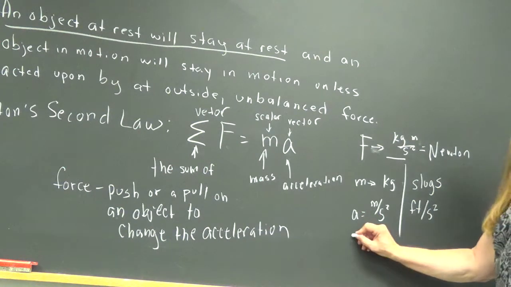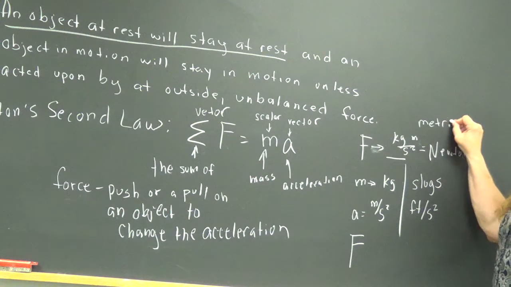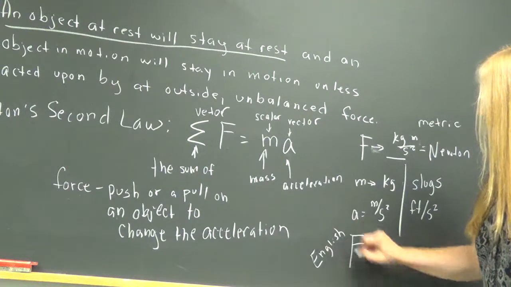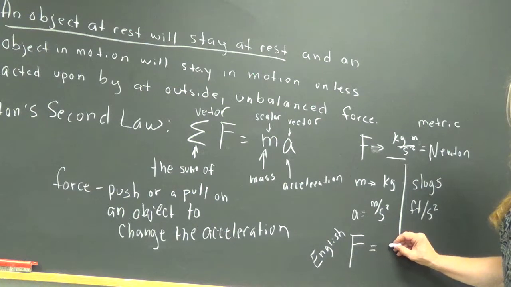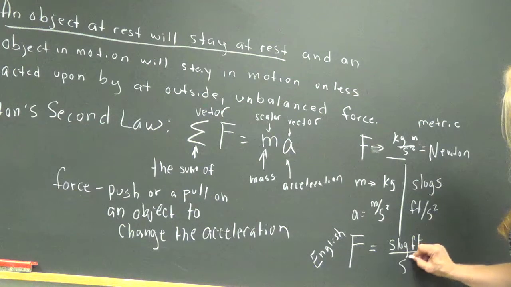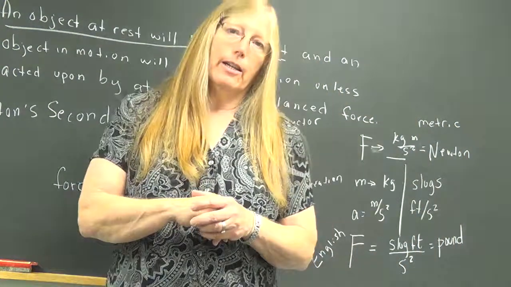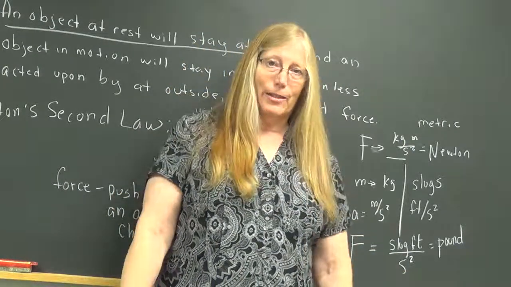So another unit for force, this one is the metric, and this one is the English, which they call English, but it's in the United States. Force is measured in slug feet per second squared, and we rename that the pound. So if you weigh 120 pounds, it's really 120 slug feet per second squared.